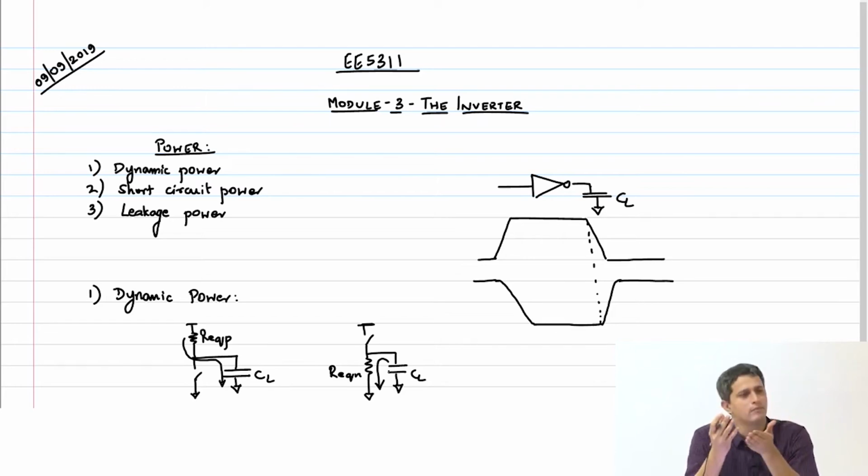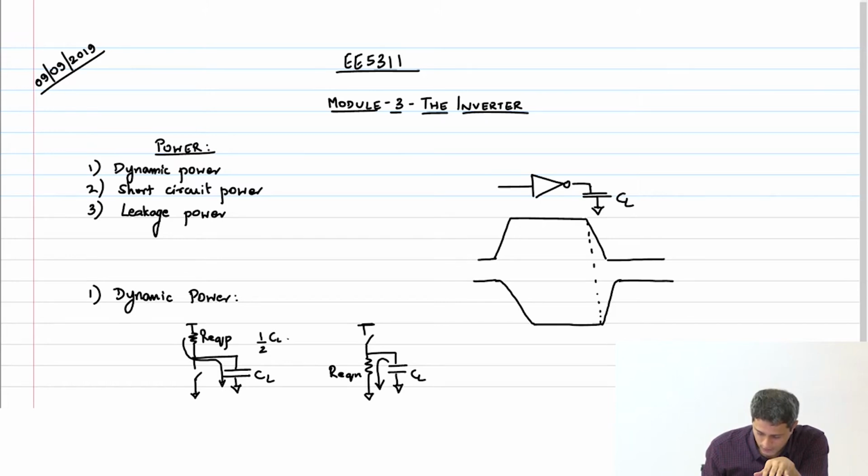Each time the capacitor is charged to VDD, an energy of half CL VDD squared gets stored in this capacitor. Of course, the power supply has supplied CL into VDD squared. That's the amount of energy that this power supply gave. Where did the remaining energy go? It got dissipated in the resistance as heat through the PMOS transistor.